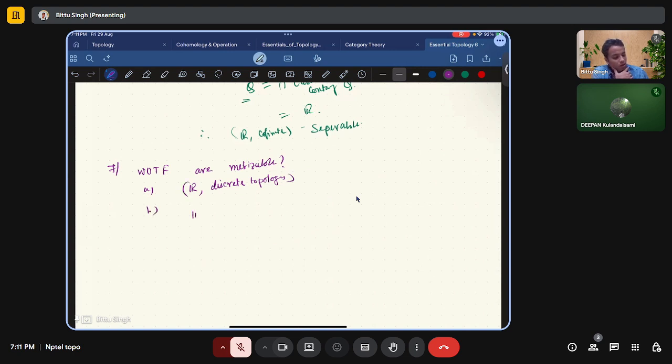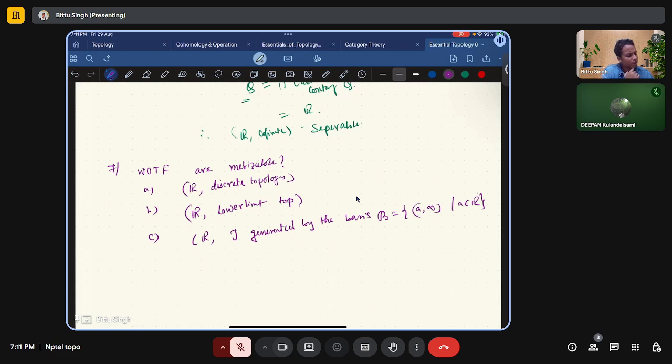Option B, R with lower limit topology. Option C, R with topology generated by the basis (a, infinity), where a belongs to R.